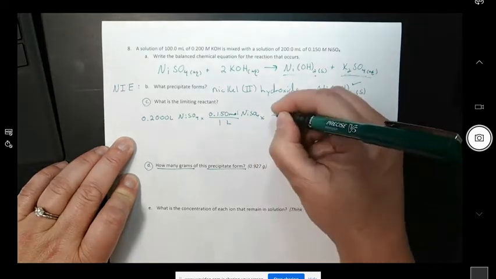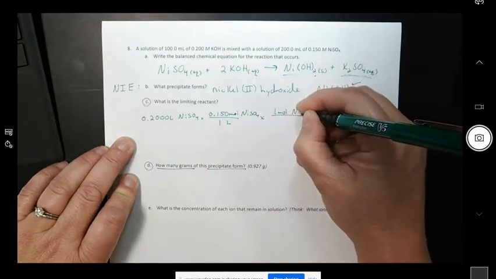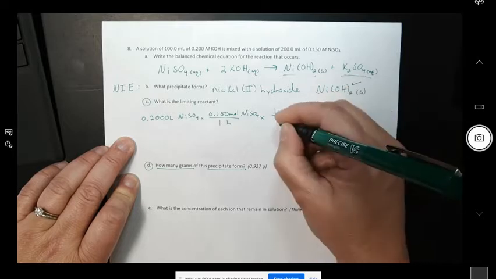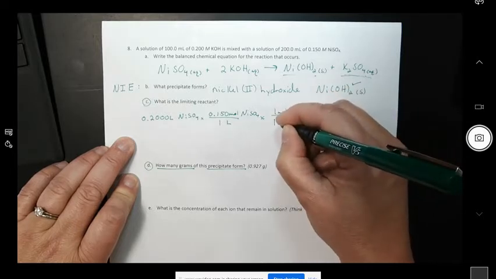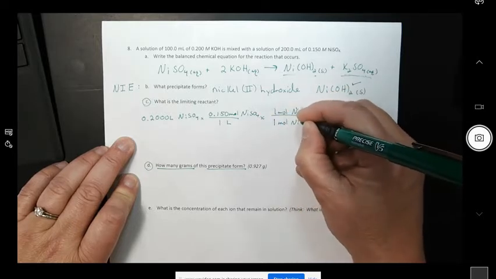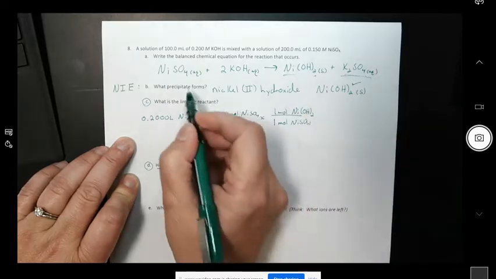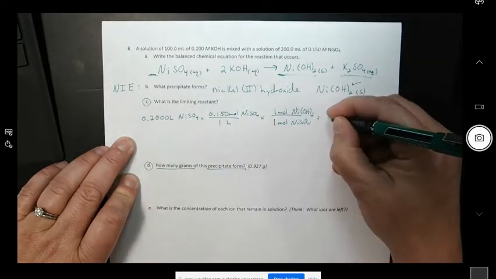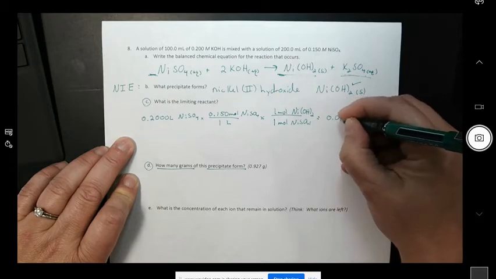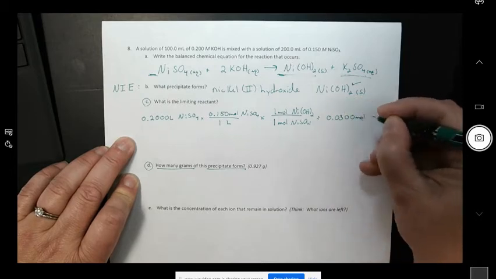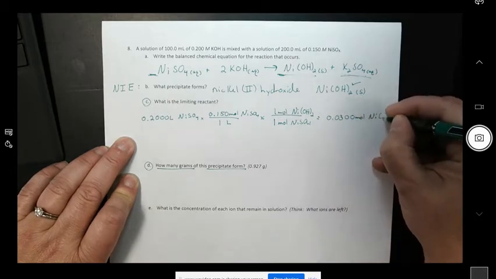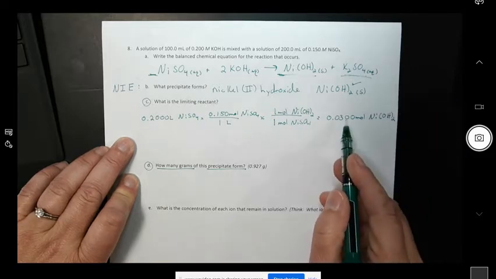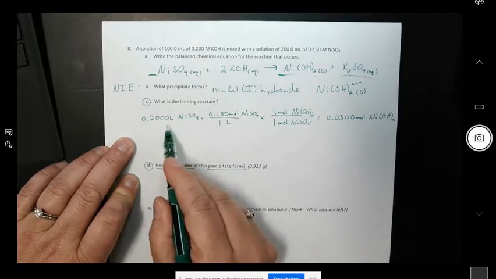And then I know that 1 mole of Ni(OH)2, which is my precipitate, is going to be formed every time I use 1 mole of NiSO4. That comes right from the balanced equation. It's a 1-to-1 mole ratio. That gives me 0.0300 moles of Ni(OH)2, nickel 2 hydroxide, if I use all of this reactant up.